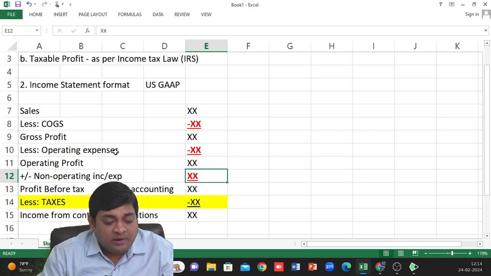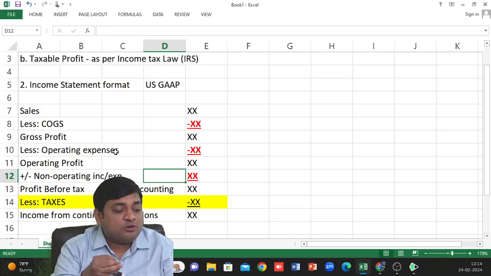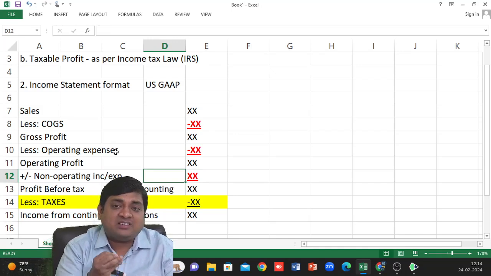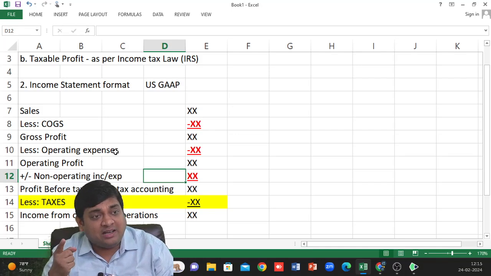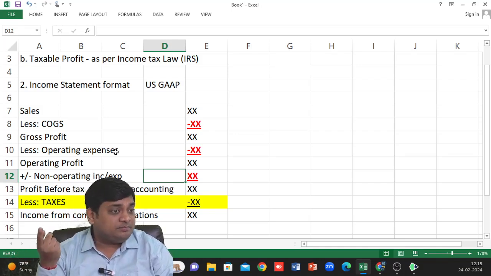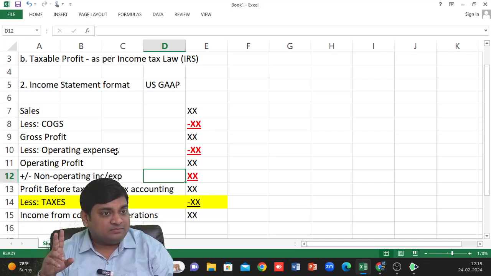Here we have non-operating income. Suppose I have invested in some municipal bond and I have got interest on that. So that's a non-operating income. But that particular income is exempted income. On that income, we don't have to pay tax ever. Right?